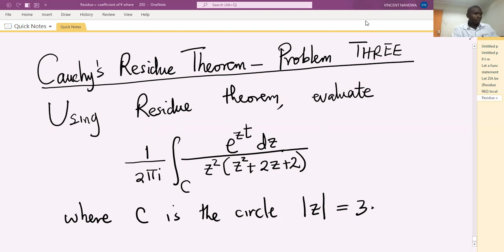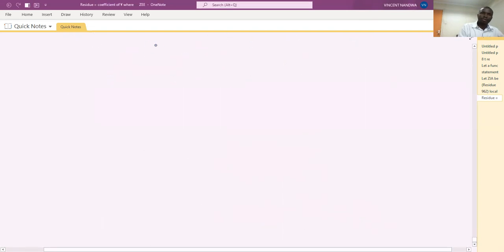So we apply the Cauchy residue theorem to evaluate the integral along a circle of radius 3 centered at the origin. So, solution. The first step is to find the poles of the function.